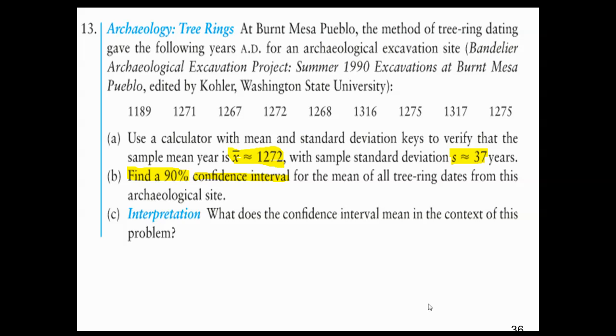All right. Here's a case where I give you some raw scores. He goes ahead and he actually takes these raw scores. He puts them into a list and he goes to stat and calculate. And he figures out what X bar is. The calculator tells him what the standard deviation is.